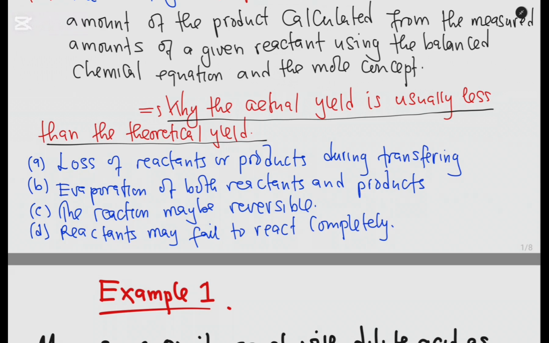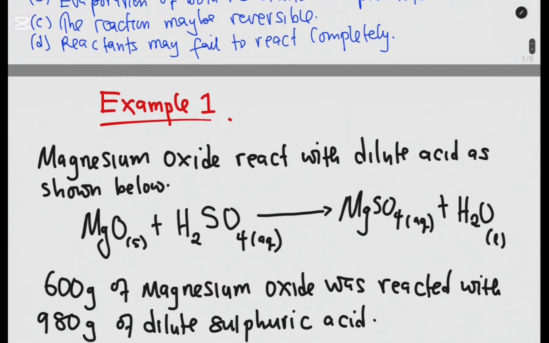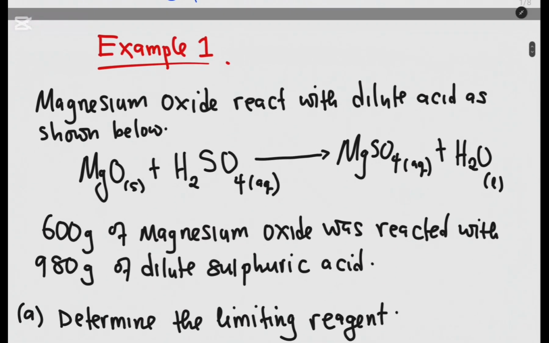Only the pure part will react, but the impure substance will remain, and therefore affects the amount obtained. So these are some of the reasons why the actual yield is usually less than the theoretical yield. Make sure that you understand this part. So let us get into the calculations now. And here is the first question that we are going to look at, example 1.